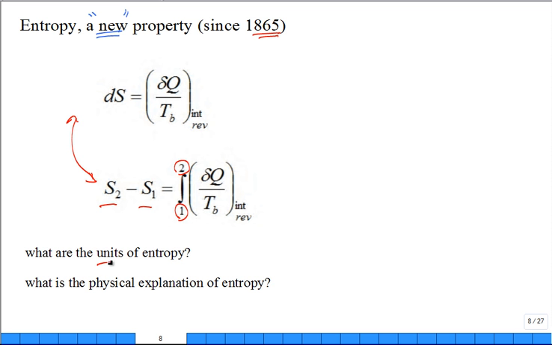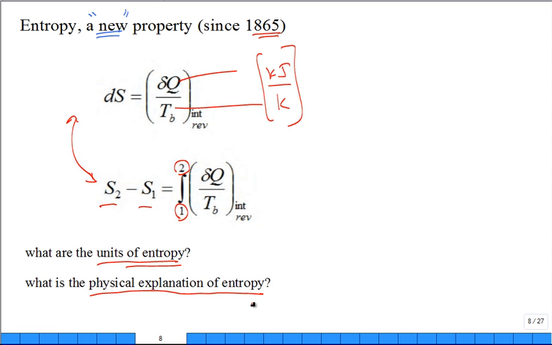So what are the units on entropy? You take a look and say this is in kilojoules and this is in Kelvin, so it's kilojoules per Kelvin. Was there a physical explanation of entropy with this derivation from the Clausius inequality? No, there wasn't. So I've given you my best shot, and if you ask me for a better definition of entropy, I will give it to you as soon as you give me a good definition of time. Have you ever heard of time?